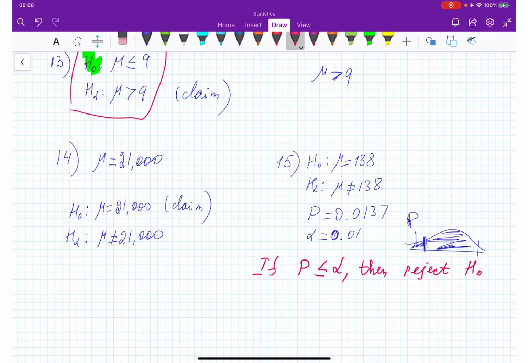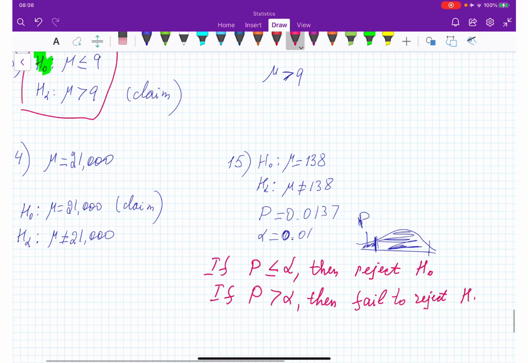If the p-value is greater than alpha, then we fail to reject the null hypothesis.